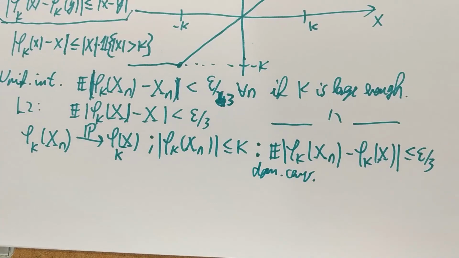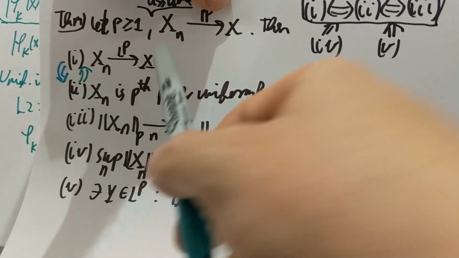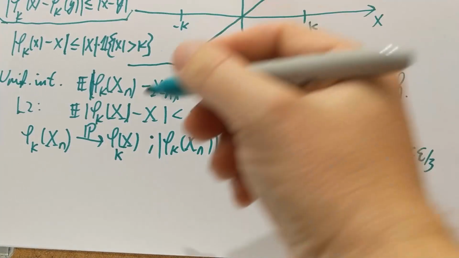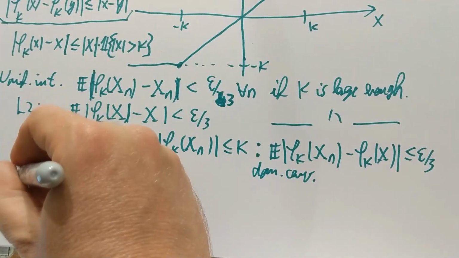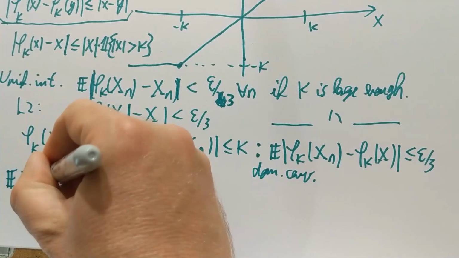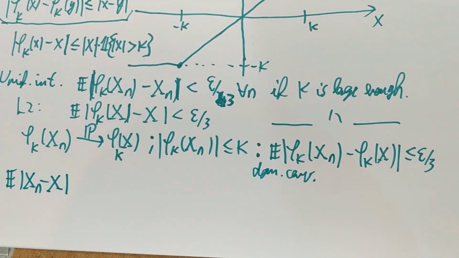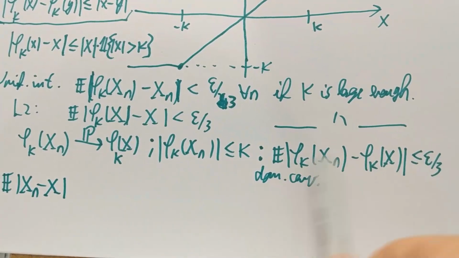So what we want to do is L1 convergence, right? Notice that we want to prove 2 implies 1, so it's L1 convergence. And so what we're going to do is just start writing up what that means. We want to show that the expectation of the modulus of xn minus x can be smaller than epsilon just by picking large enough n. And so we already picked large enough n for that.